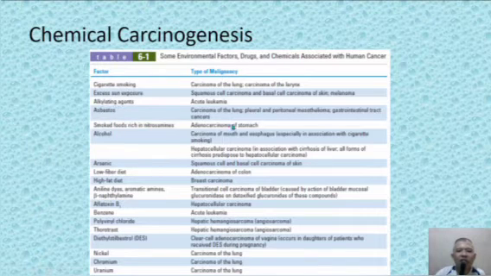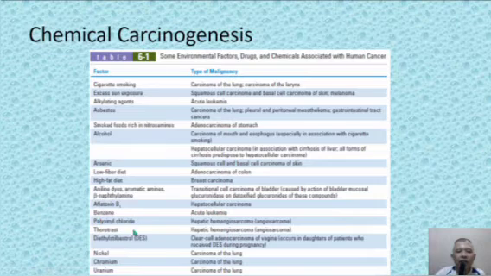Asbestosis leads to carcinoma of the lung, and a low fiber diet leads to adenocarcinoma of the colon. High fat diet, breast carcinoma. Aflatoxin leads to hepatocellular carcinoma.